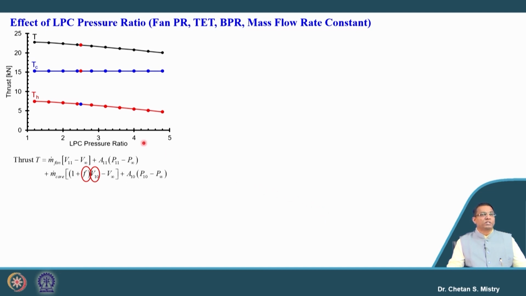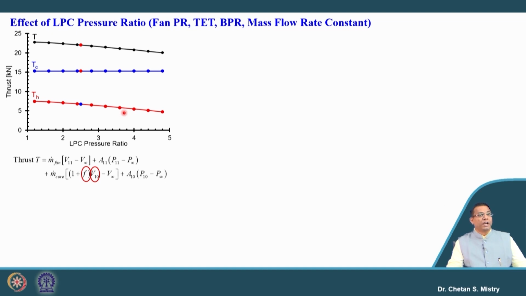So, in this case, when we are increasing our LP compressor pressure ratio, it has no effect on cold thrust because it has nothing to do with the exhaust of our fan, but with the increase of LP compressor pressure ratio, our hot thrust will be reduced.